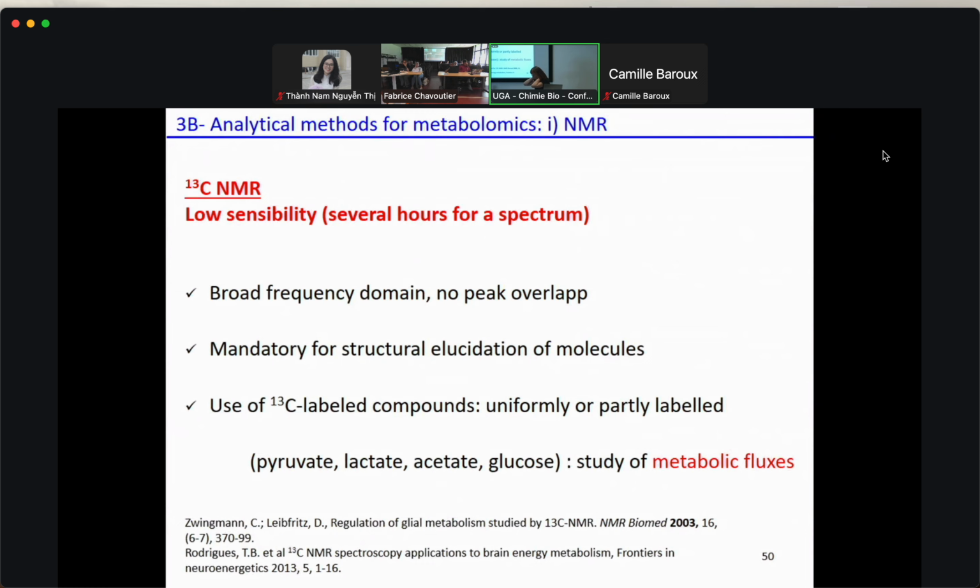At the moment, in my lab, we have an experiment with glucose labeled with deuterium and lactate labeled with C13. We study prematurity in babies, and we have developed a rat model of prematurity, and we give them lactate labeled with C13 and glucose labeled with deuterium.